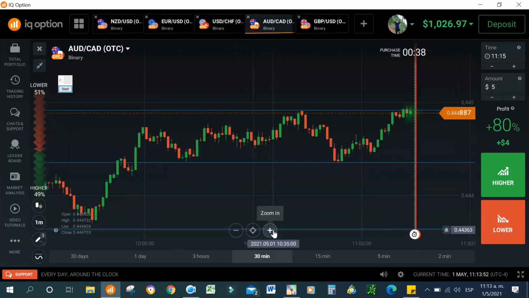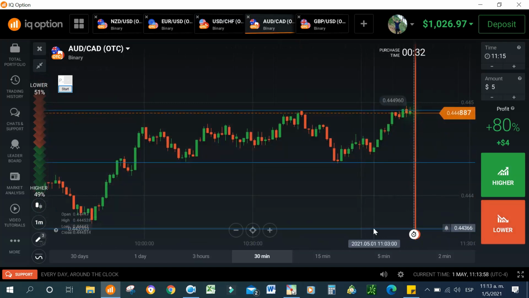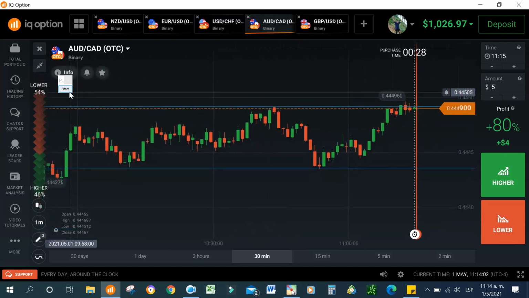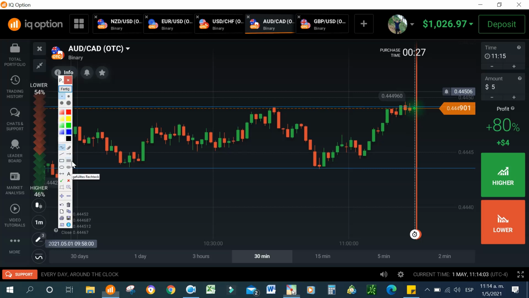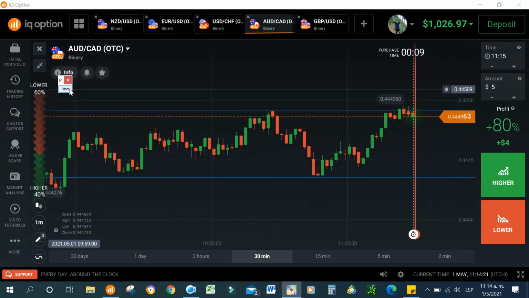Here we can consider making an entry to the lower side, but we need to wait for a very bearish candlestick. What is a bearish candlestick? Here we have a very good bearish candlestick, or something like this, just right here in this area, and we can enter a trade. Or a pin bar.